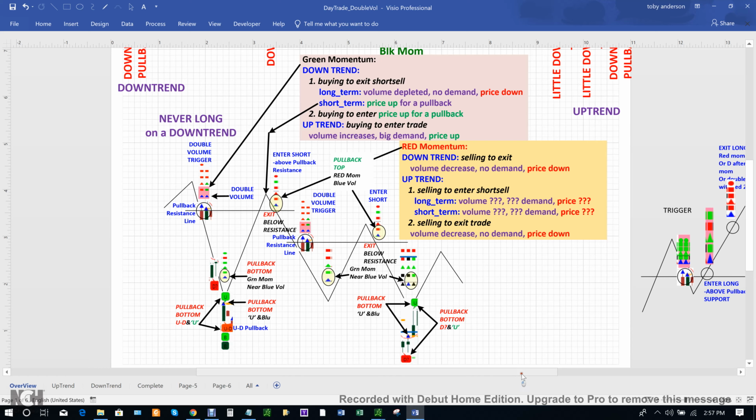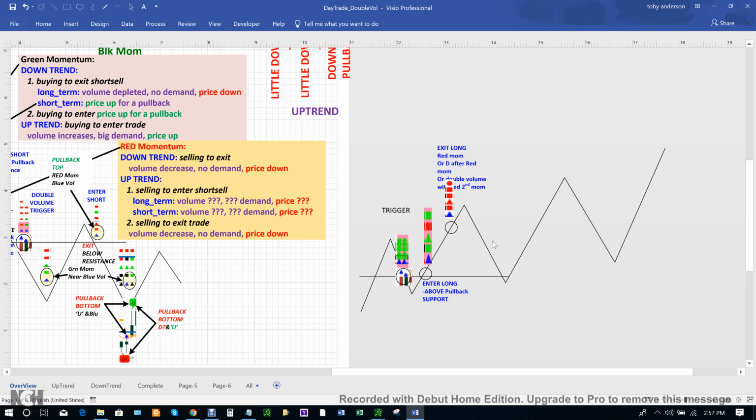If you look at an uptrend, it's going like this, and when you see the double blue volume indicators, and you see the triggers that are long-term momentum, if it goes down at all, it's going to go down a little bit and then come back up, and you're waiting for it to cross that resistance line made by the 2 double volumes.